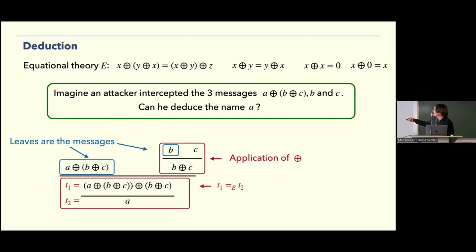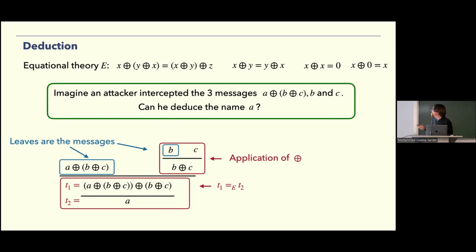Each line is either an application of a function symbol, because the attacker can apply the function symbols that we give him, or an equality related to the equation theory. So those two messages here are indeed equal under the equation theory. If you combine those different rules, you will be able to show the equality. Is this fine? Okay.